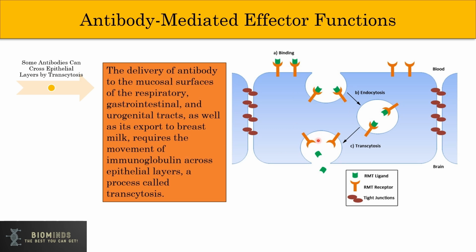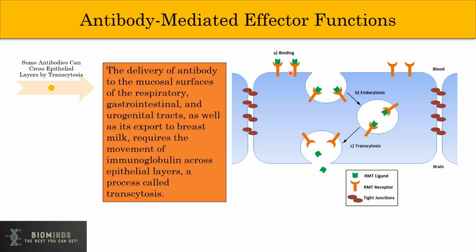In that mucous membrane, we have certain antibodies, specifically IgA. So how does this IgA get transported from the blood to this mucous membrane? The process of delivery of the antibody to the mucosal surfaces is known as transcytosis.